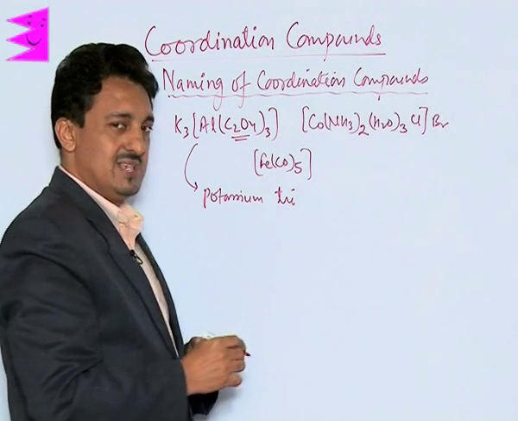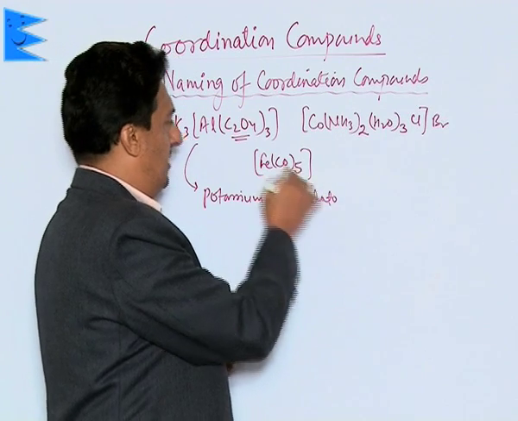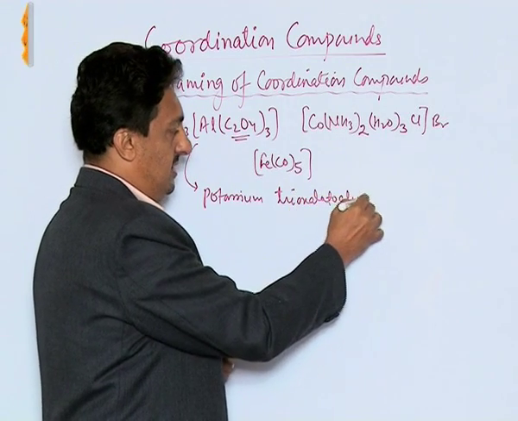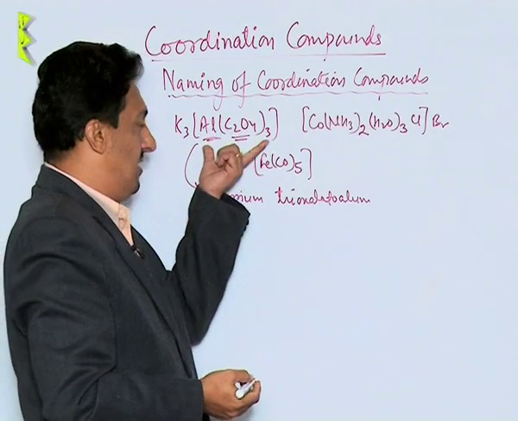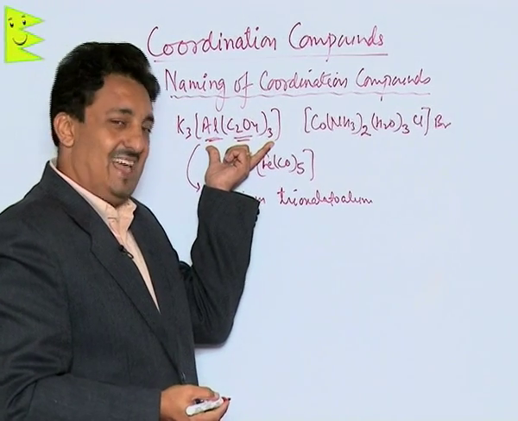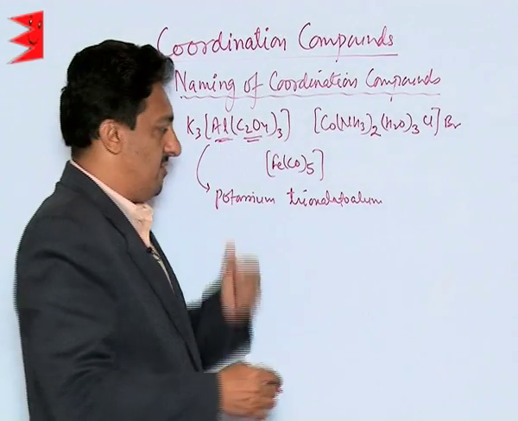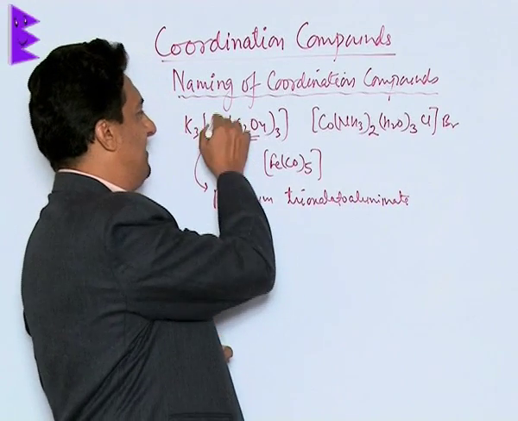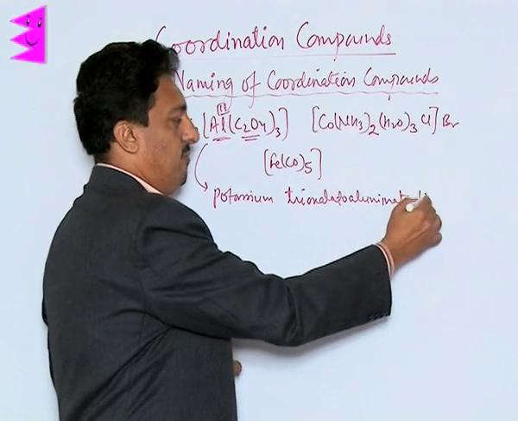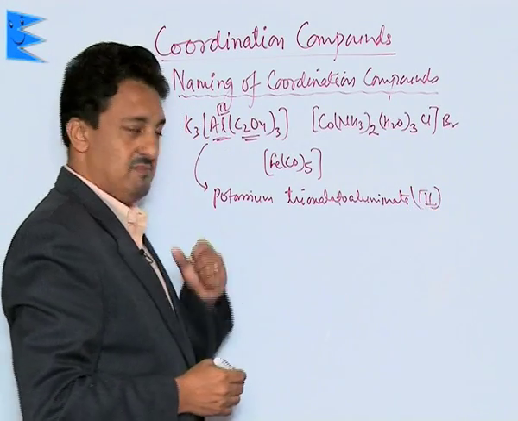C2O4 is called oxalate, so it will become oxalato, and then it comes alumi. But we can't call it aluminium, because this time your coordination entity is an anion, so we'll put the suffix ate to the name of the metal atom, so we'll call it aluminate. And its oxidation state is 3 plus, so we put 3 in Roman numerals and in simple brackets. So this is the name of this compound.